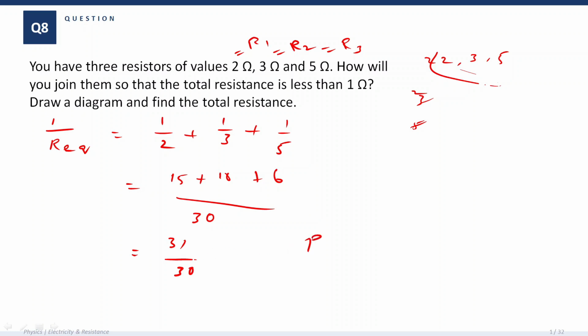Then R equivalent equal to 30 by 31. Now divide 30 by 31, R equivalent equal to 0.967 ohms. So to get the total resistance less than 1, they must be connected in parallel to each other.